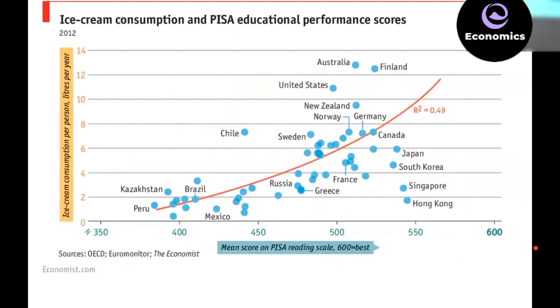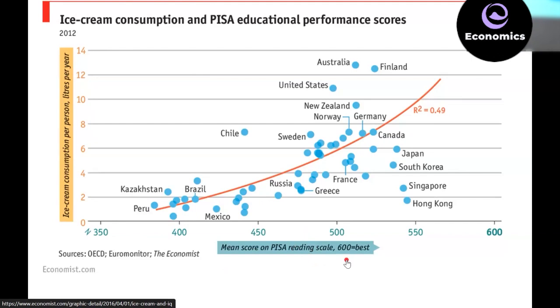Okay. This is another kind of graph where we see correlation. This is a graph from The Economist. On the horizontal axis it measured the mean score on the PISA reading scale.